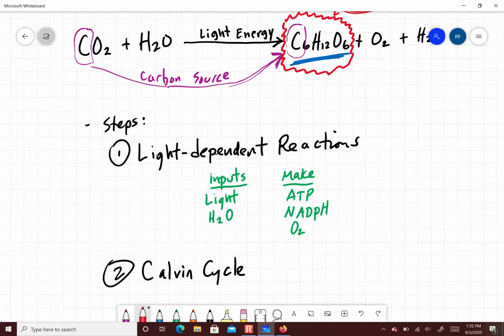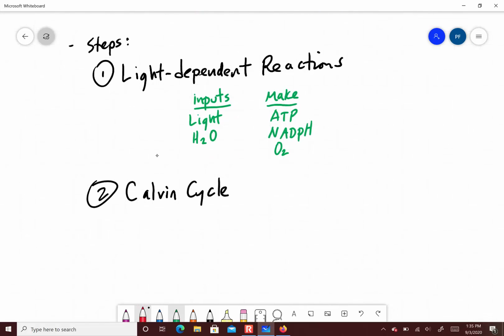Okay, do we make ATP in photosynthesis? Yes, it's right here. It's on our list. But that's not why we're doing photosynthesis. All right, so that's our inputs and what we're making with light-dependent reactions. Notice we don't see any carbon dioxide. We don't see any glucose, right? So a couple of things that are important are not part of light-dependent reactions.